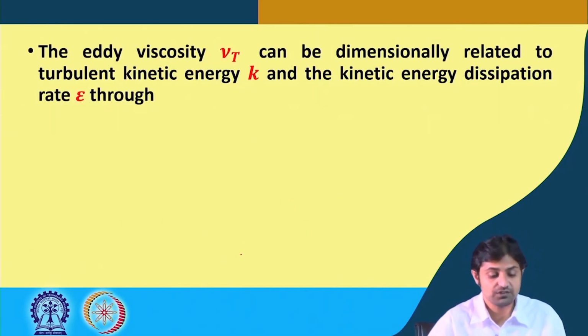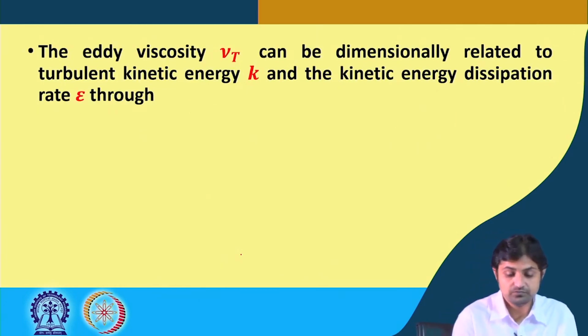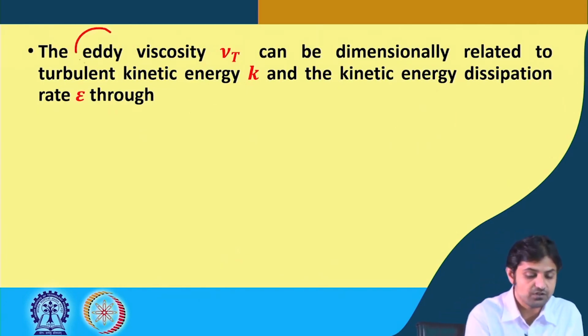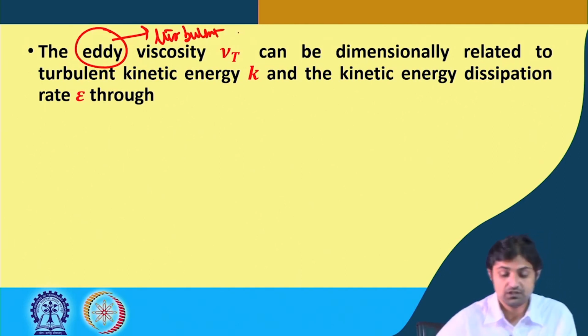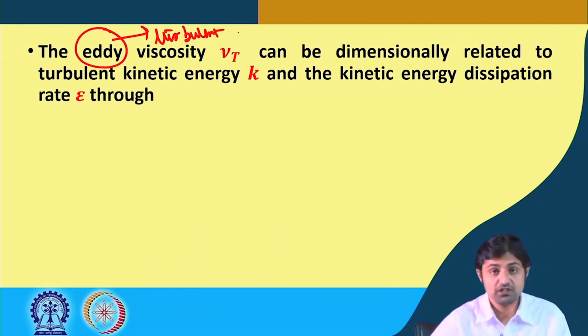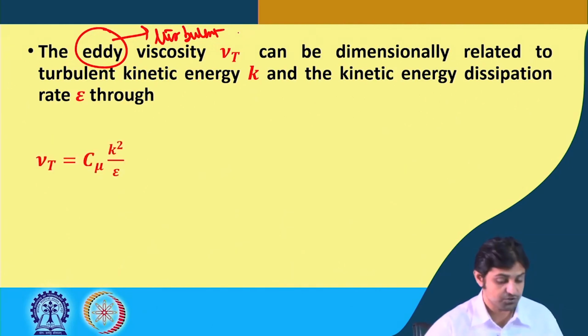If you see, there is a term called nu t. This nu t is the eddy viscosity, and it is better called the turbulent eddy viscosity. It can be dimensionally related to kinetic energy k and kinetic energy dissipation rate epsilon, where nu t is written as c mu into k square by epsilon.